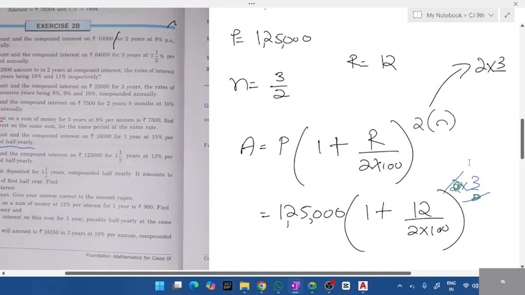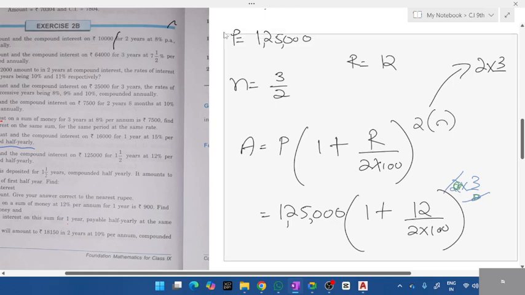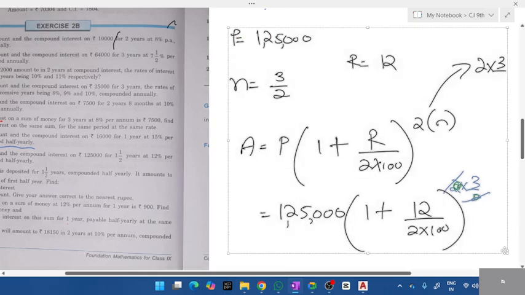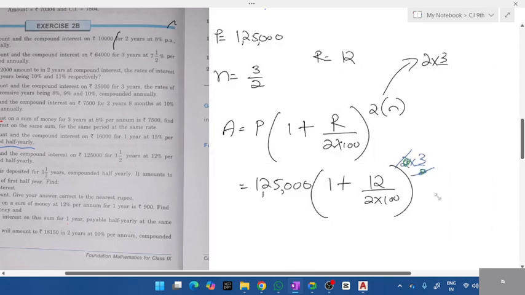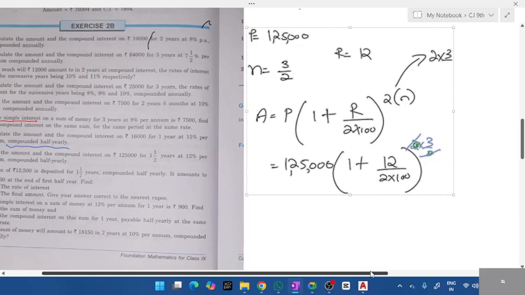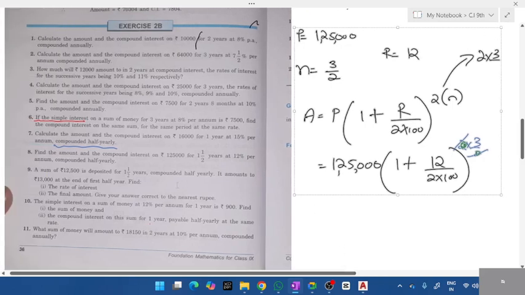Make a note of this. Will you try it for homework? Yes, make a note, students. Be quick, copy this. If I solve all the questions, it's taking too long. Try this for homework. Ninth is cancelled. The tenth: the simple interest on a sum of 900.